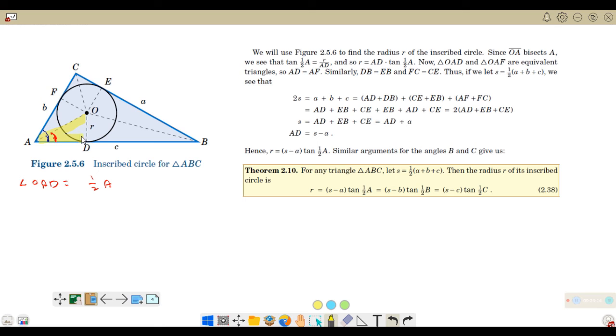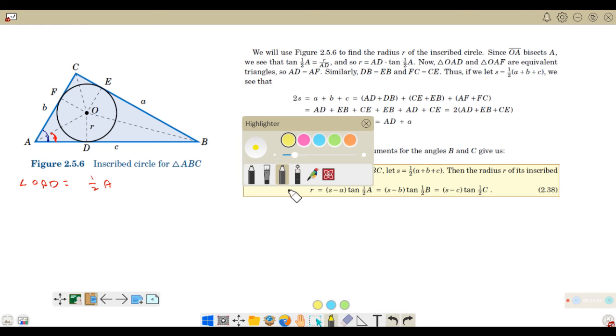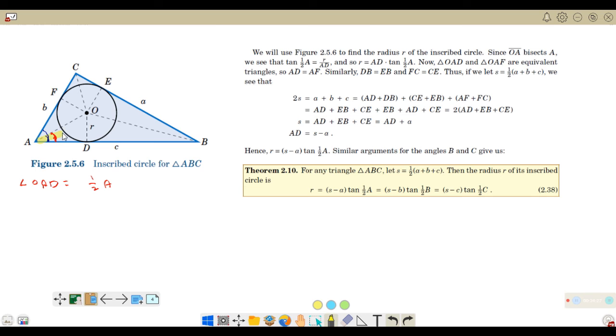Okay? Ito lang. Disregard nyo muna yung ibang triangle na meron tayo. Dito lang tayo magfo-focus sa naka-highlight ng yellow. Okay. So, tawagin na lang natin siyang 1/2 A.